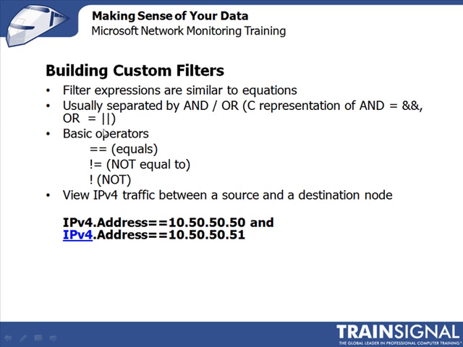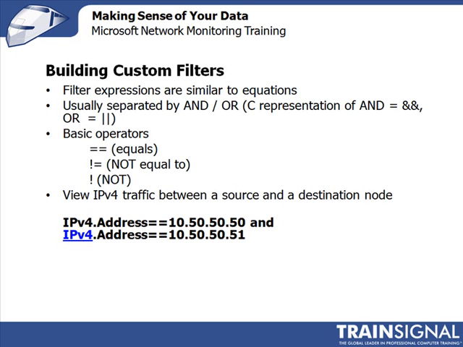Your basic operators, if you want something to be equal to, it's two equal signs. If you want it to be not equal to, it's an exclamation point or bang and an equal sign. If you don't want to see something, you're saying, do not show me all DHCP traffic, you would put bang DHCP. So that would filter out the DHCP traffic.